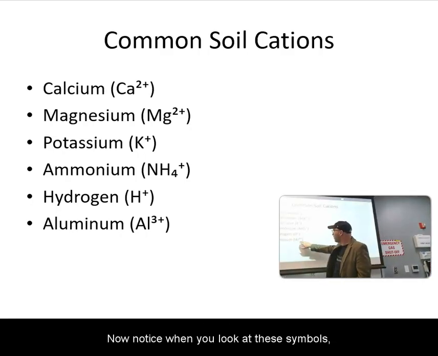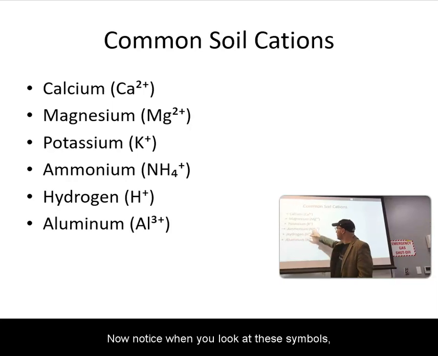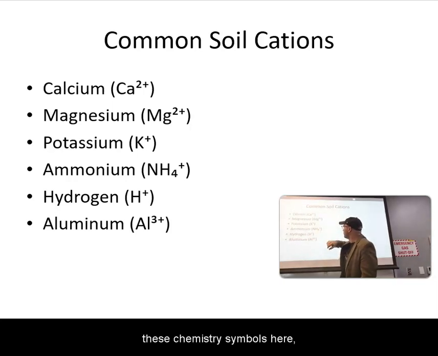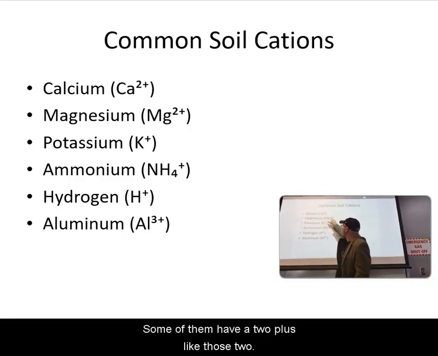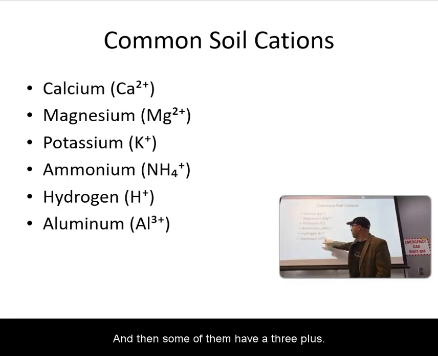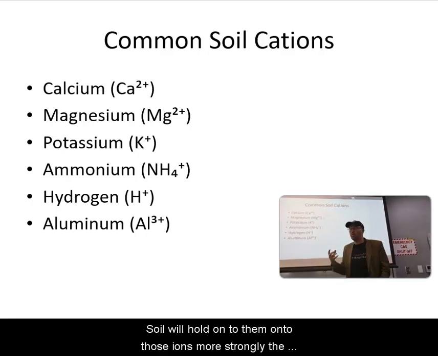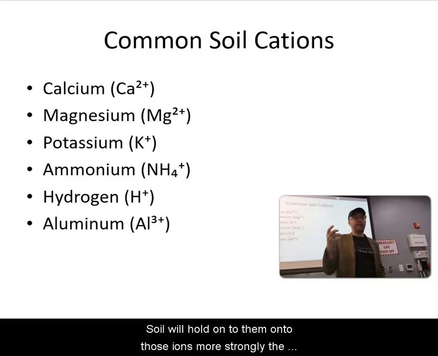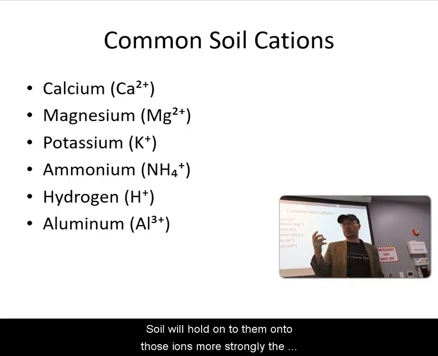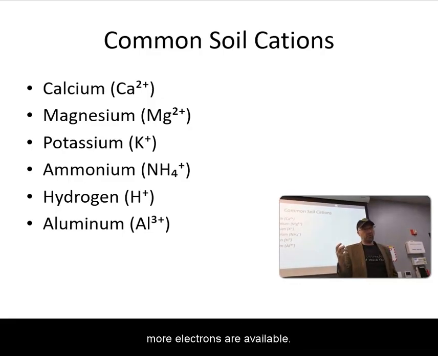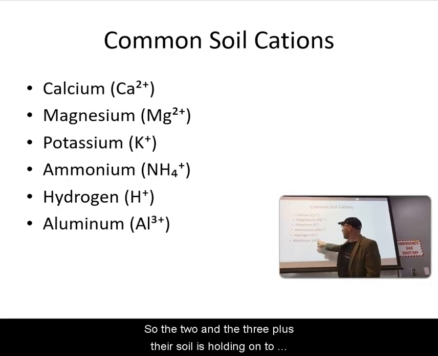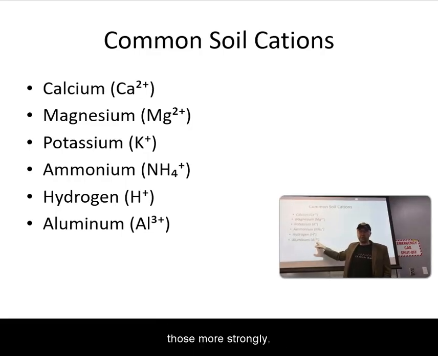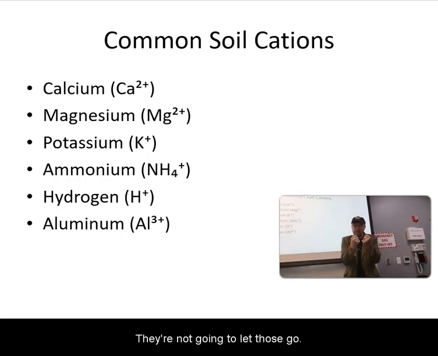Now notice when you look at these chemistry symbols here, some of them just have a plus. Some of them have a 2 plus, like those two, and then some of them have a 3 plus. Soil will hold on to those ions more strongly the more charge they have. So the 2 and the 3 plus, the soil is holding on to those more strongly. They're not going to let those go.